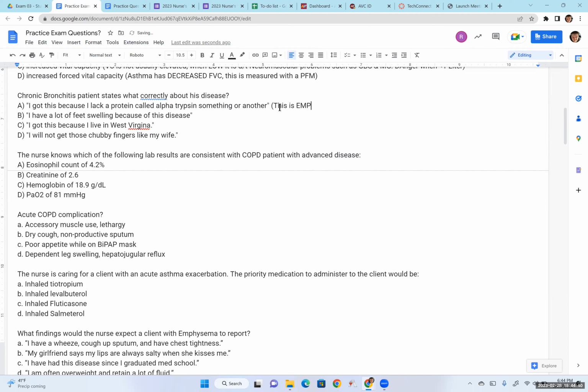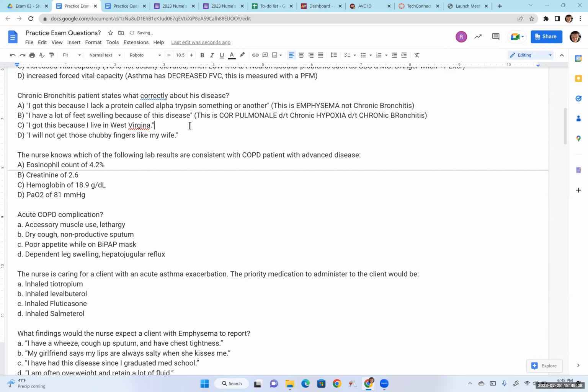This is emphysema, not chronic bronchitis. B: I have a lot of feet swelling because of the disease. This is cor pulmonale due to chronic hypoxia due to chronic bronchitis, right? The correct answer.